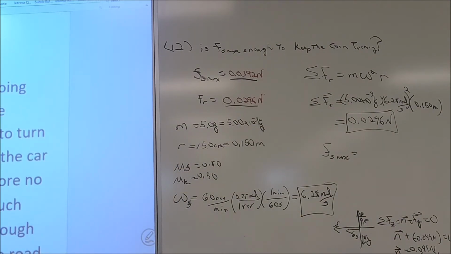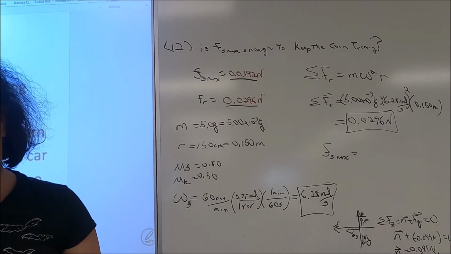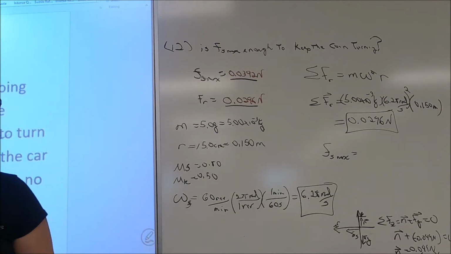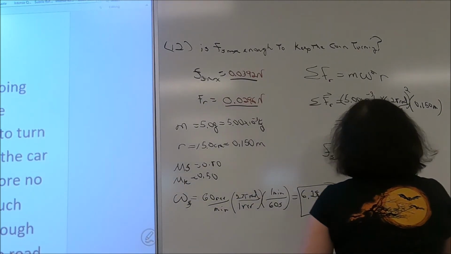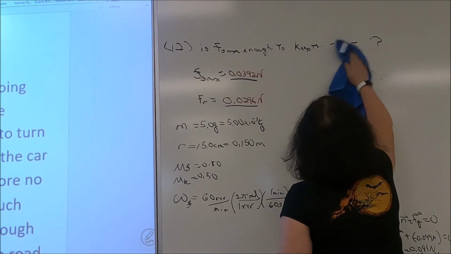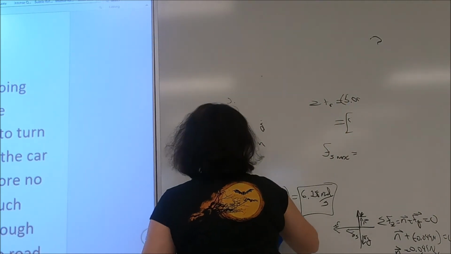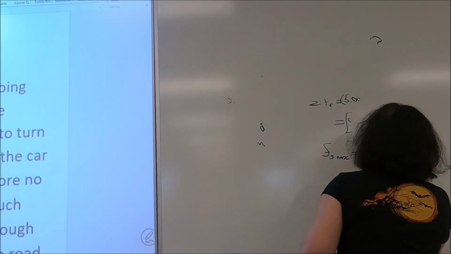Okay, now I want us to look at page 102 and look at problem 46. Now I like 46 because this one's got a little bit more work to it. Okay, let's get ourselves some working room here.